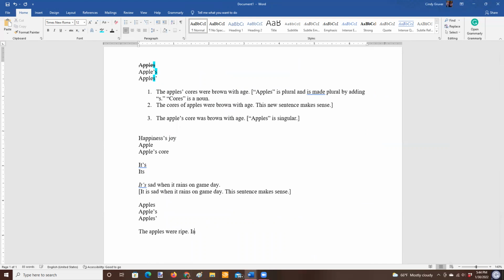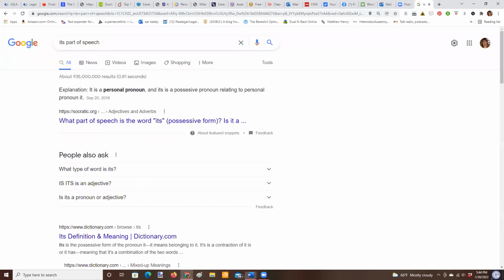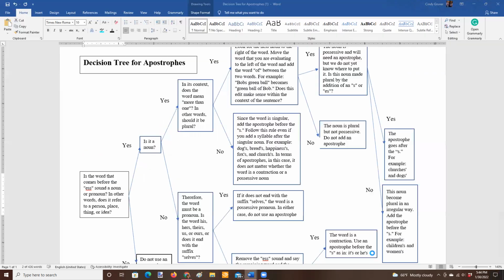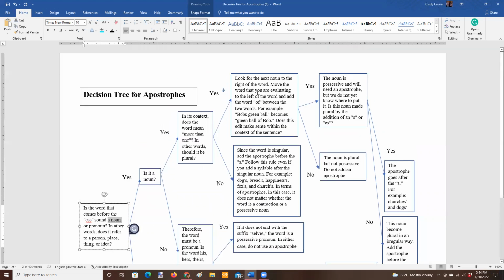So in this sentence, apples is plural. If I had meant one apple or the apple, I would have said the apple was ripe. Okay, so I'm pretty clear that this is a plural situation. So I'm going to keep on going up here.